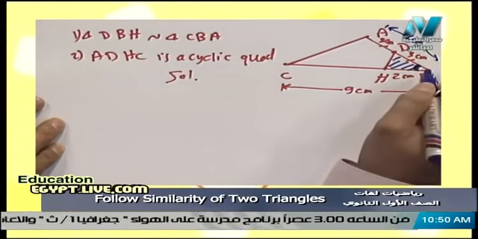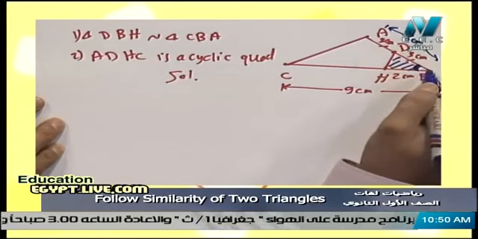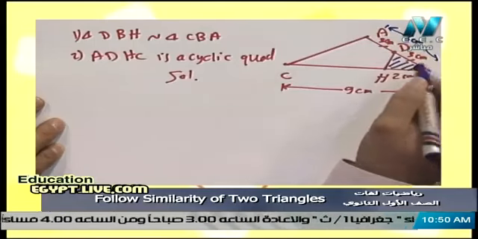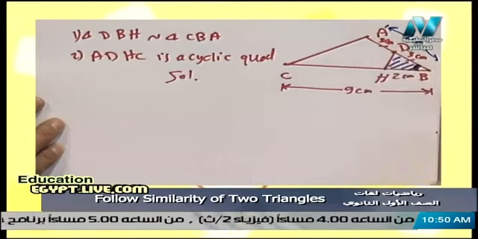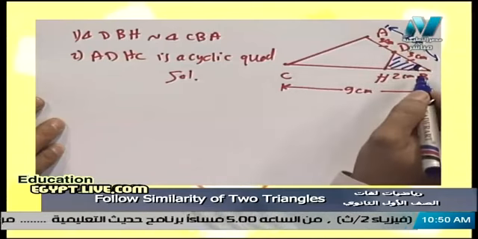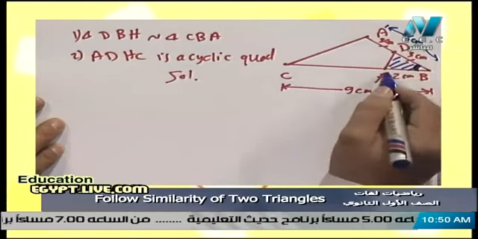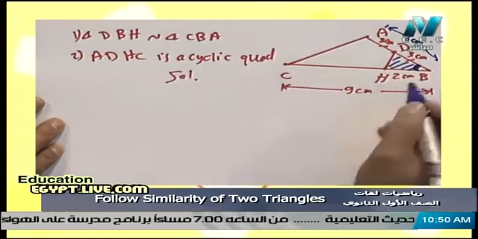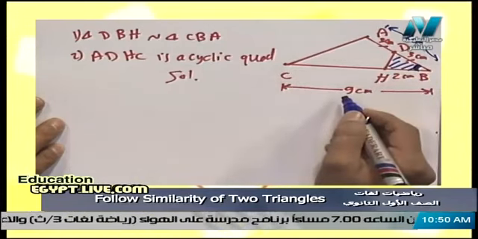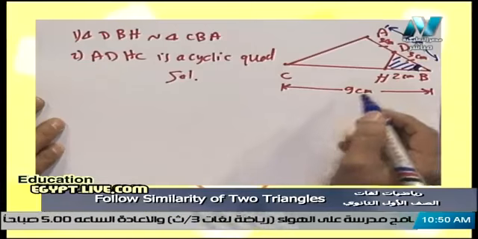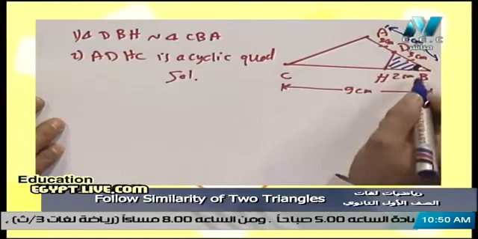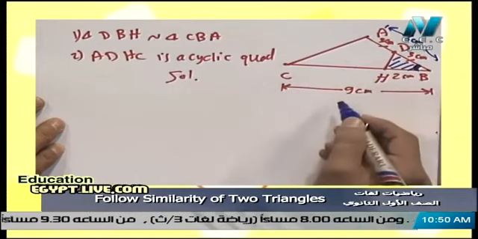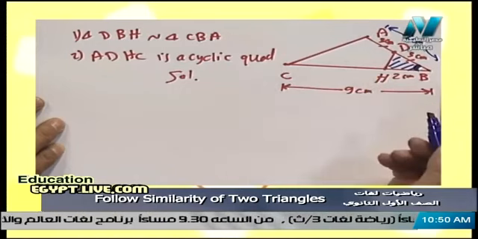And if we divide BD over BA, 3 over 6, it equals half. What about the other side? BH over BC is 2 over 9, and it is impossible to be equal, because BD over BA equals half, but BH over BC equals 2 over 9, and they are not equal.